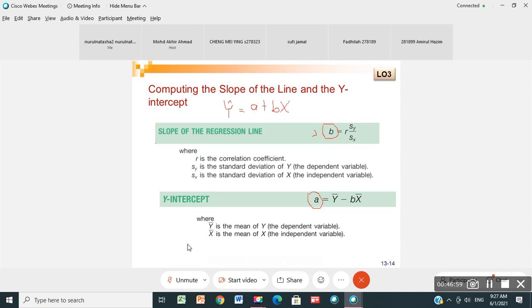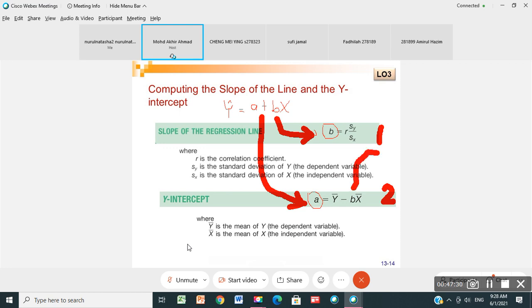So A is here, and B is here. So B equals r times standard deviation of y divided by standard deviation of x. Then A equals y bar minus b x bar. This is step number 1, this is step number 2. Because after we get the value of B, we just put in the B to find out the A value.